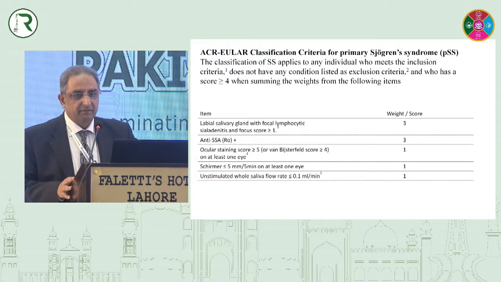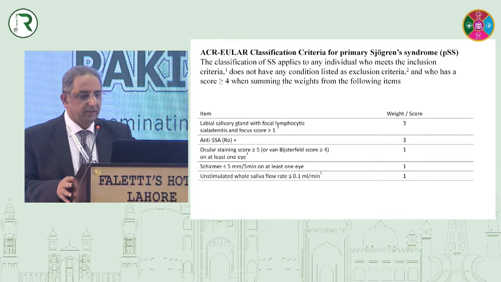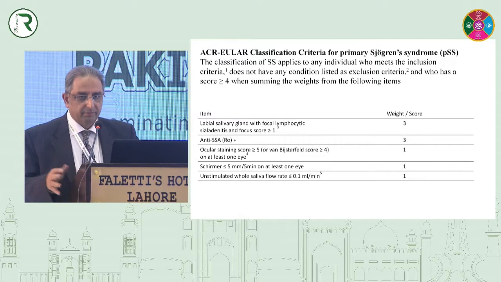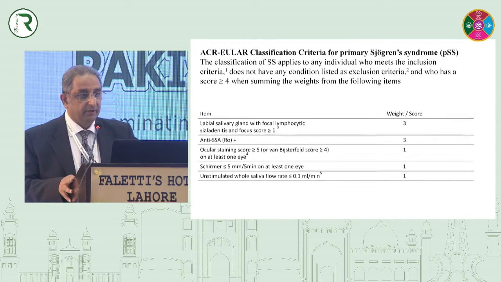The first development in the last 5-6 years is that we have agreed classification criteria for primary Sjogren syndrome, from both European and American groups, with people from all the continents. A biopsy score of focal lymphocytic sialadenitis of more than 1 carries a huge weightage of 3. The presence of Ro antibodies also carries a weightage of 3.